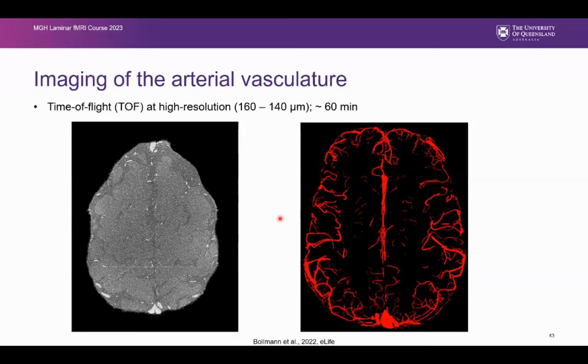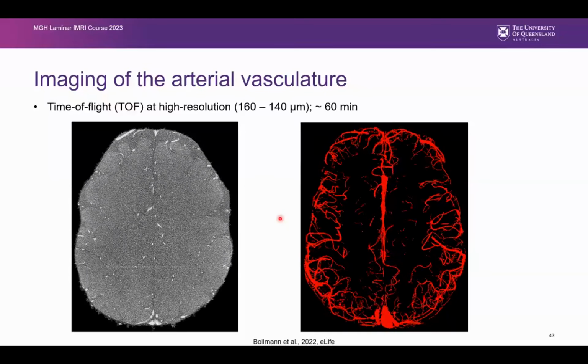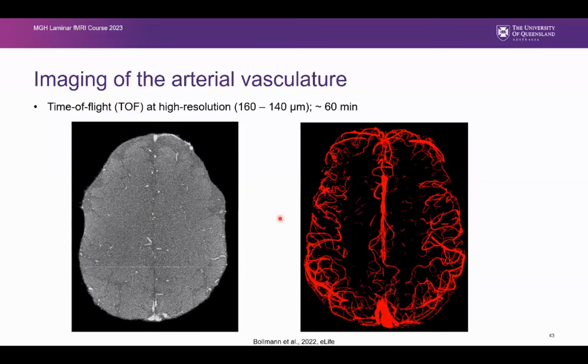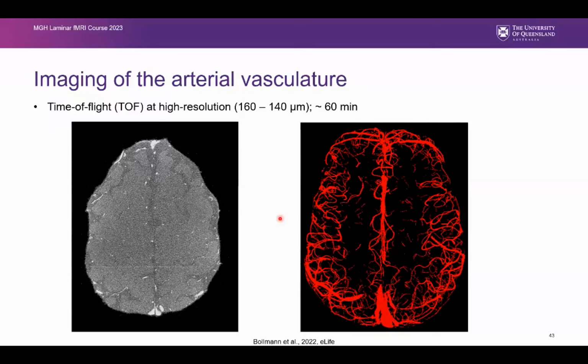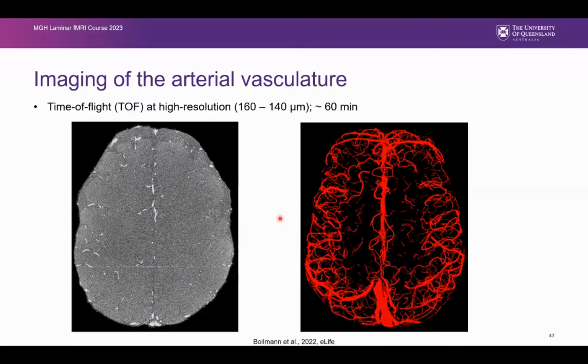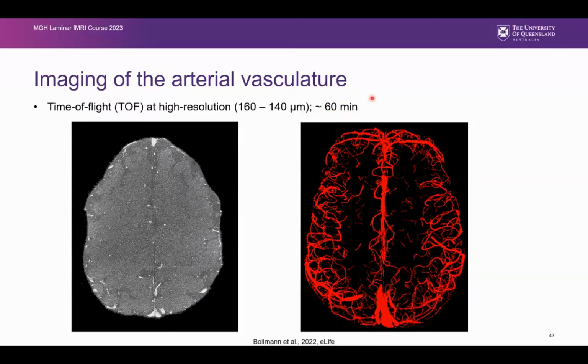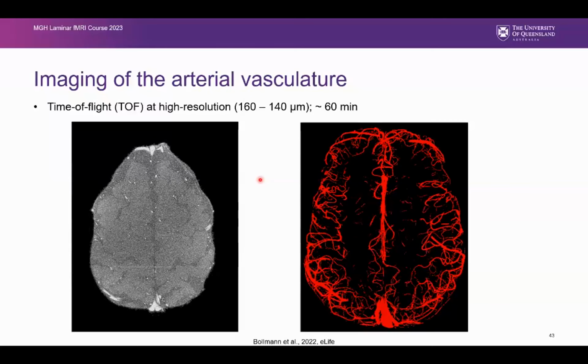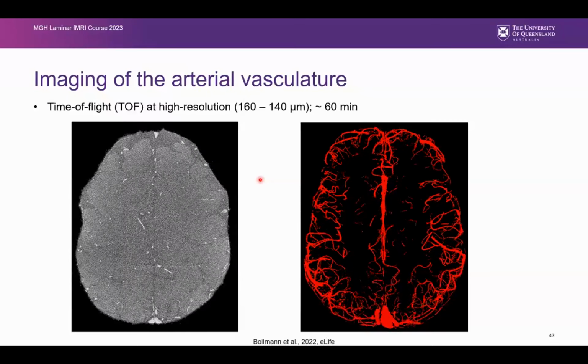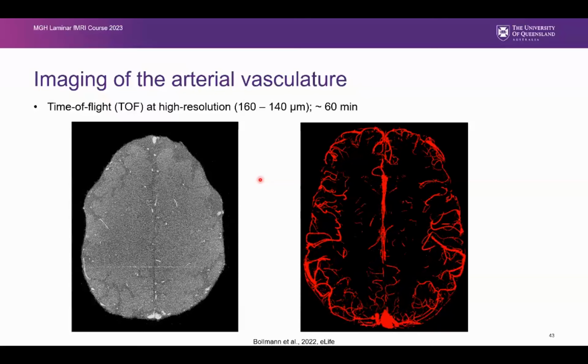Time of flight imaging is the counterpart to that. So if you want to see the arterial vasculature, again, pretty high resolution, long acquisition times, but it's possible using, I would say, common sequences.